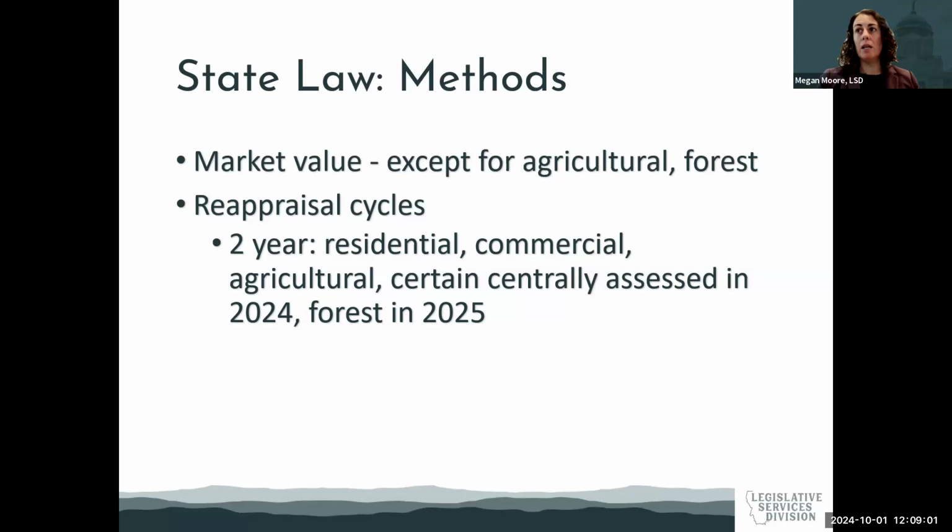Examples of that would be pipelines or telecommunications equipment. And then beginning in 2025, forest property will also be valued on a 2-year reappraisal cycle. Right now, that property is closing out the last of a 6-year reappraisal cycle. And then finally, all other property is valued annually. This includes things like business equipment and industrial property.